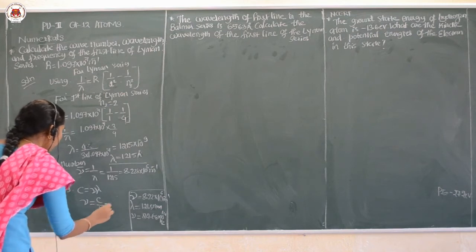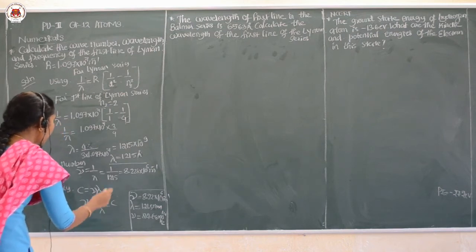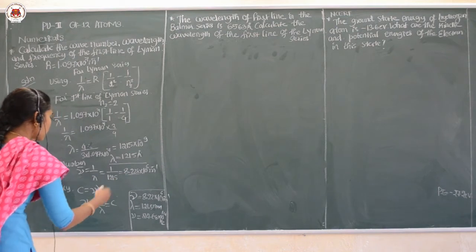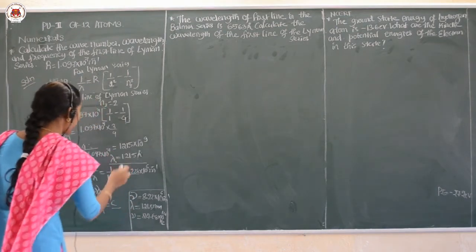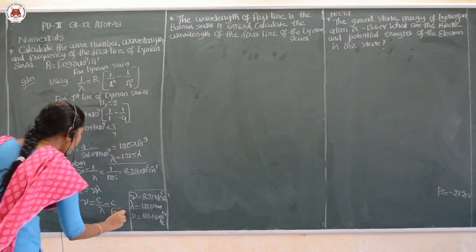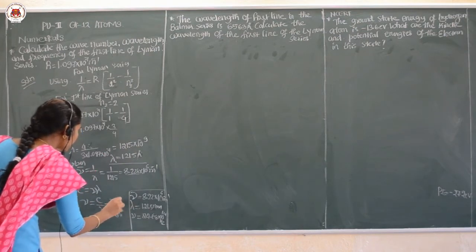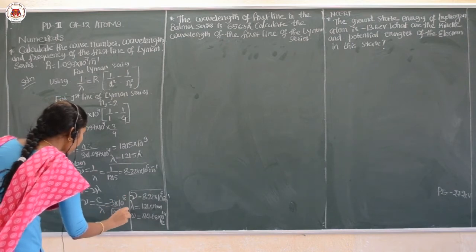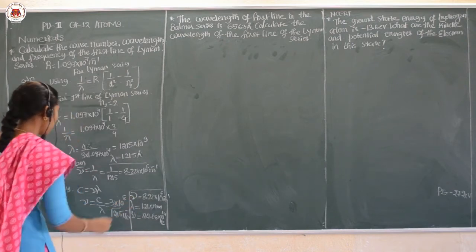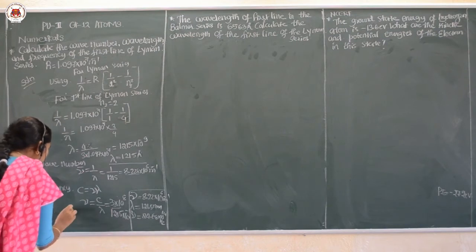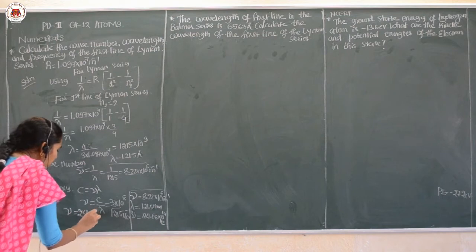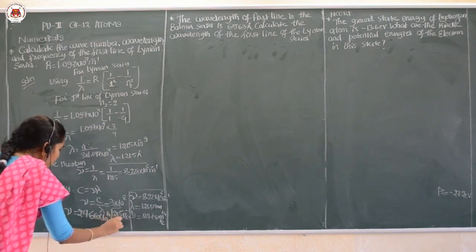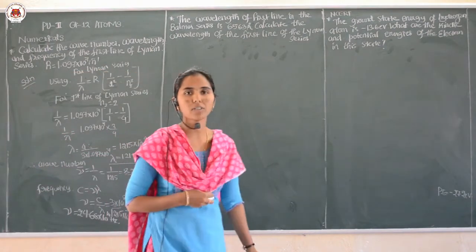You can use the wavelength we got already, or else again you can substitute the value here, that is 1215, and here it will be 3 into 10 raised to 8, and here it is in angstrom, so 10 raised to minus 10. So, after the simplification, frequency nu is equal to 24.68 into 10 raised to 14 hertz. Remember?